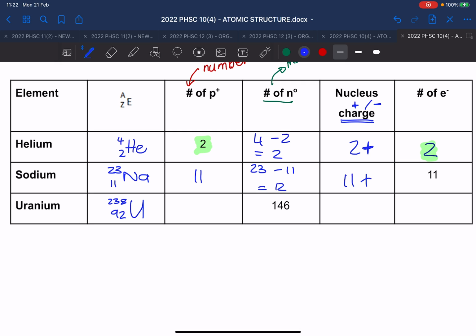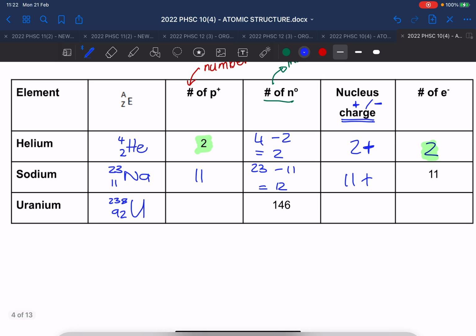So how many protons will it have? 92. It's the same as the atomic number.